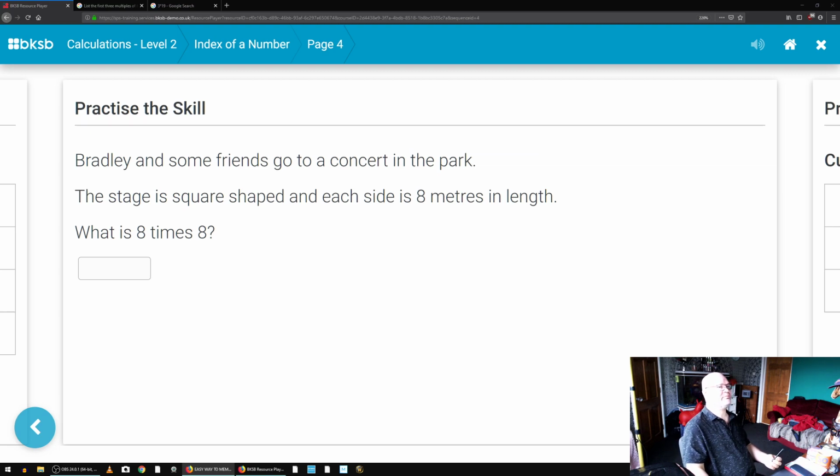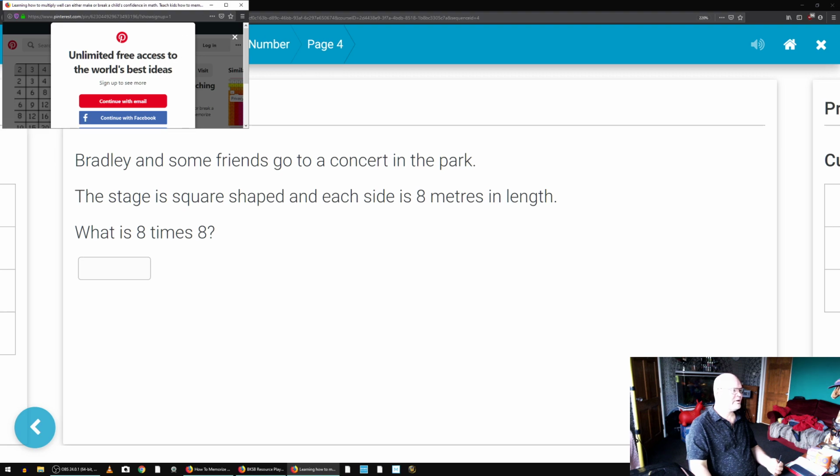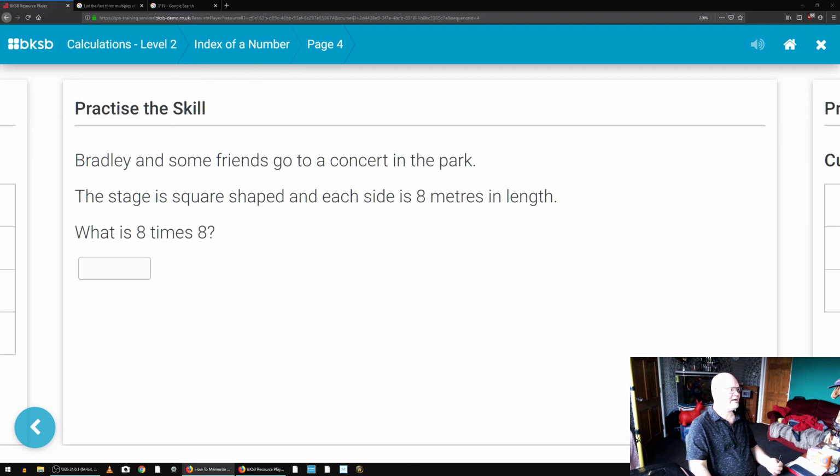Where's my maths timetable, my maths thing? I want that printed out. Can we print that? I don't want Pinterest. Go away, Pinterest.